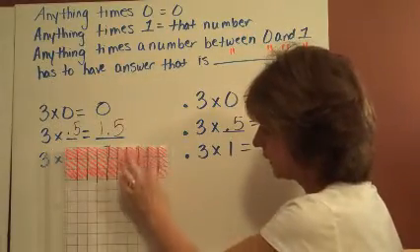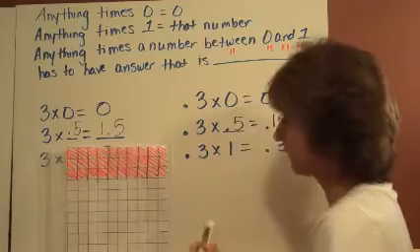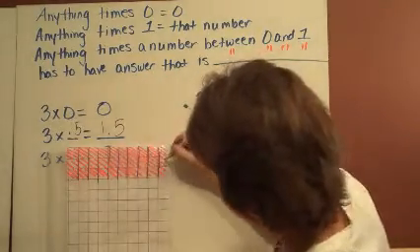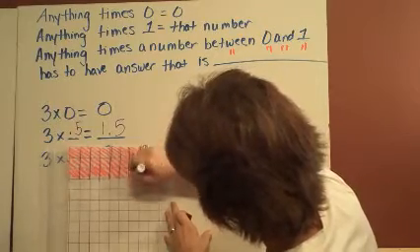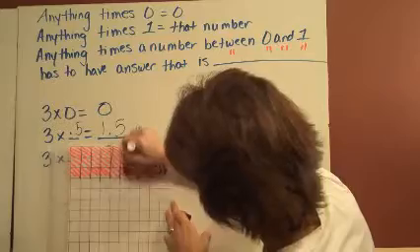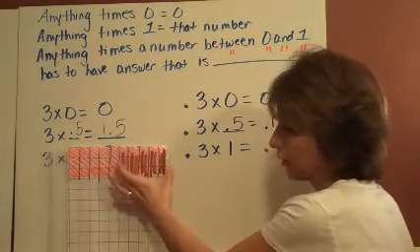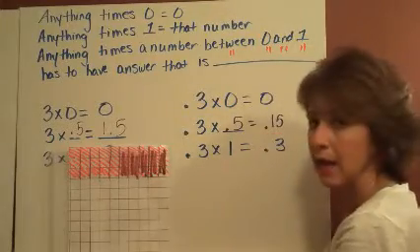So each one of these lines represents a 10th. And then this says 5/10. So I might color 5 of them. And the answer would be, how many of them are colored with this brown? And the answer would be 15 hundredths.